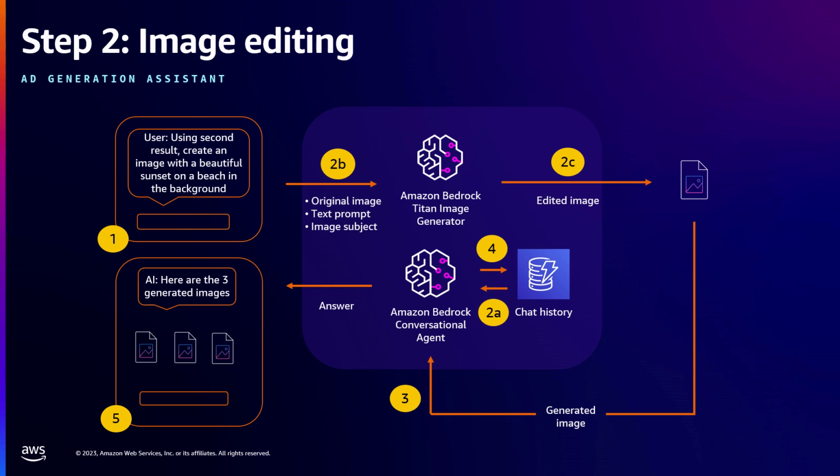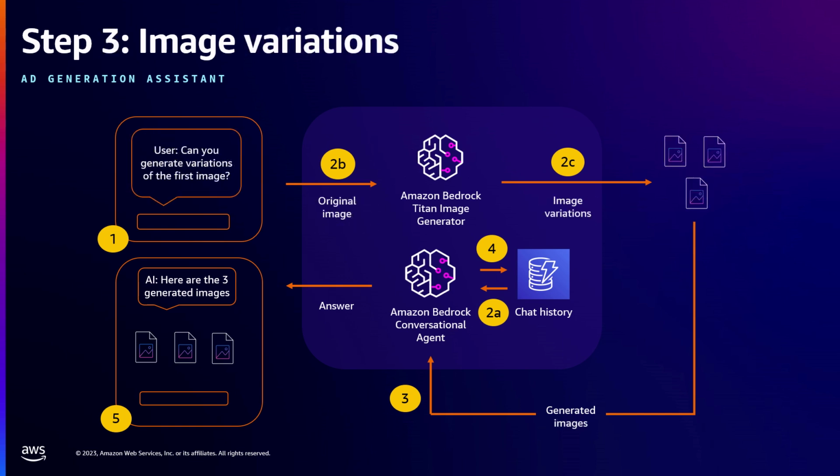We can create different kinds of backgrounds, play with it, and ensure that you have a good-looking image that you can use for your product use case. And finally, you can generate different variations of it, where you can say, okay, I want to be able to look at different styles, different kinds of backgrounds, so that it becomes a very interesting, catchy image that the customer can look at.